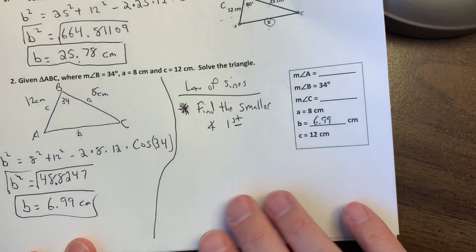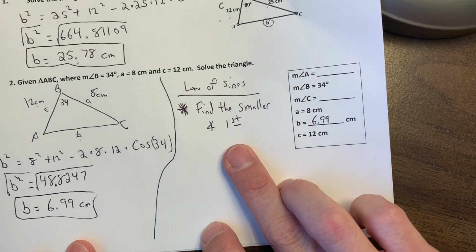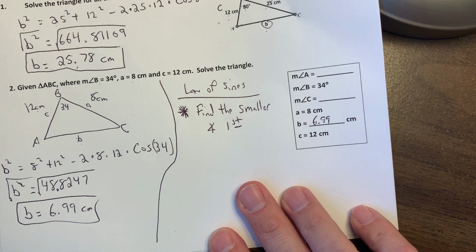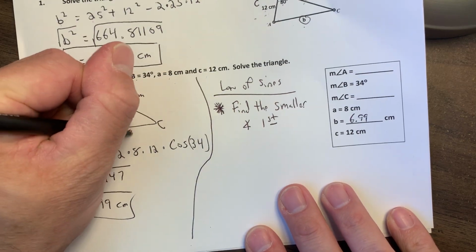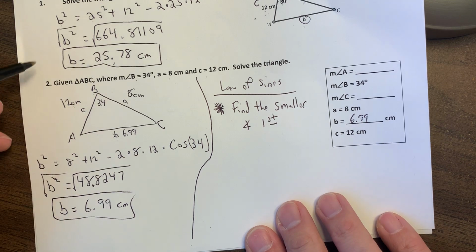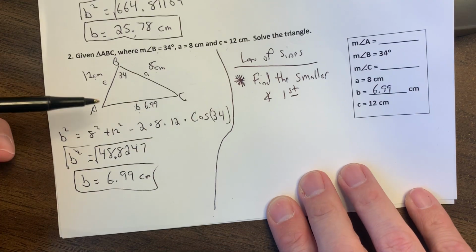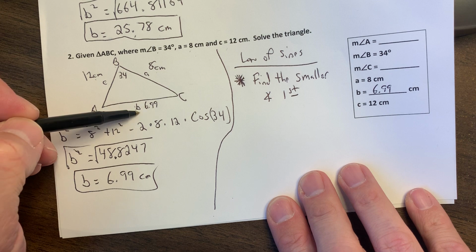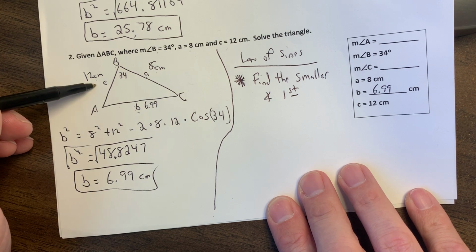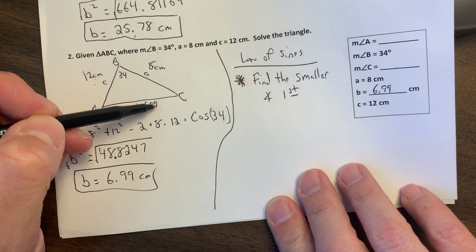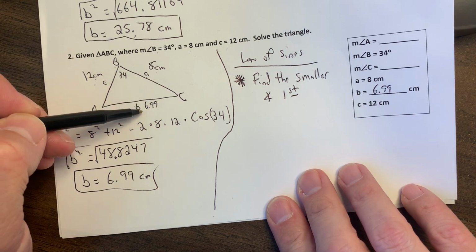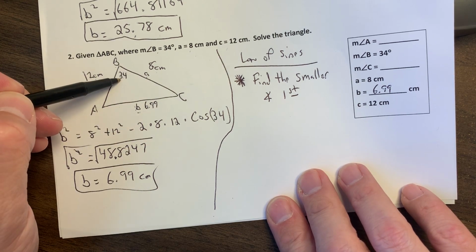You got to find the smallest angle first, right? How do I know what angle is the smallest angle? I got 6.99 here. So here's the trick. You guys remember this? 6.99 is B, A is 8, C is 12. So the smallest angle is actually 34. I already know that because 6.99 is the smallest side. That should be the smallest angle.